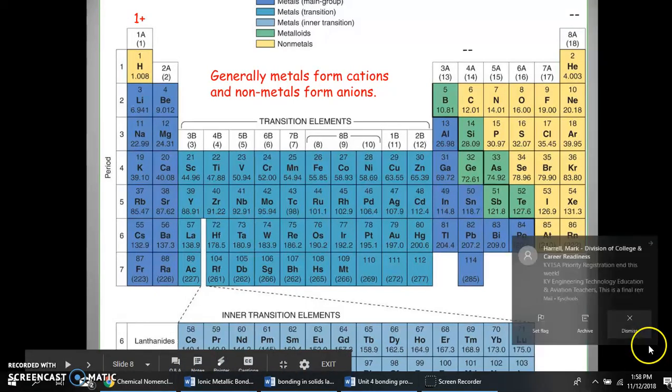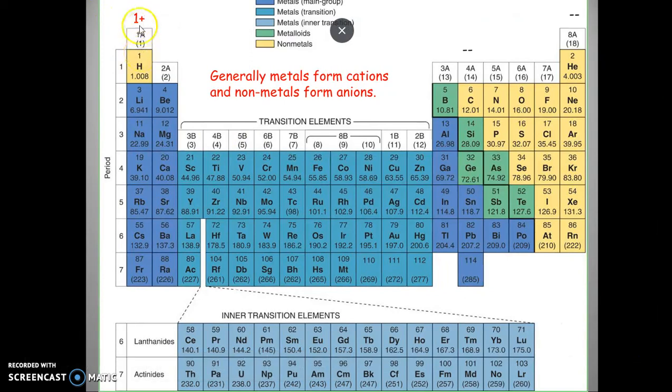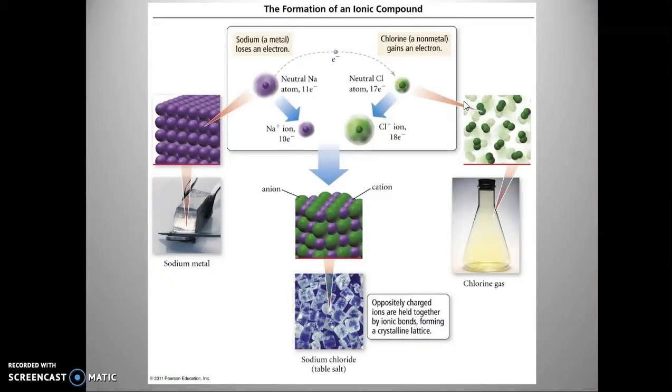We have +1 here, +2 on our alkaline earth metals, -3, -2, -1, and then we know our noble gases do not have a charge because their outer shells are full, and then group 4, they're just kind of weird. So what happens with this ionic compound? Here's an example of sodium and chlorine.